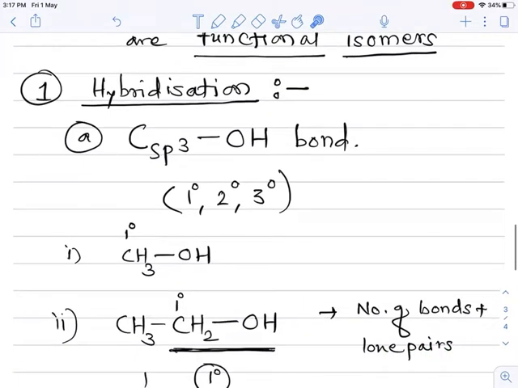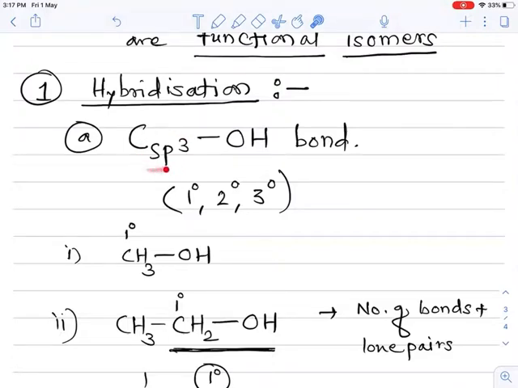Now this classification is further classified based on the hybridization. So first we will see the first class of hybridization, that is sp3 hybridized alcohols. In these alcohols, the carbon which is attached to the OH group is sp3 hybridized.